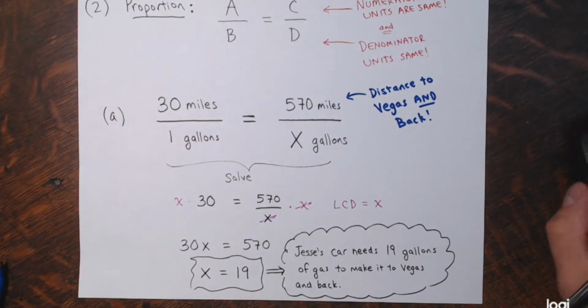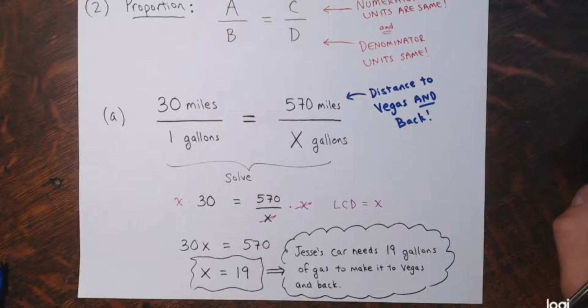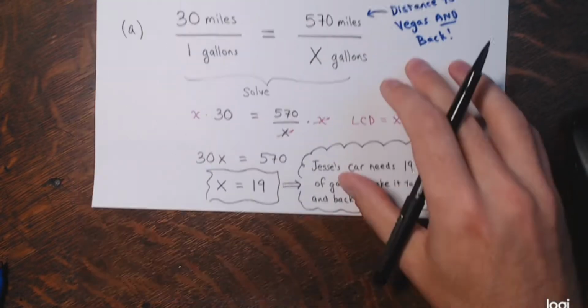And then part B, for exercise 264 here: if gas is $3.09 per gallon, what is the total cost of gas for the trip? Right. So I'll just bring up this again, and I'll say out loud what they said to us.